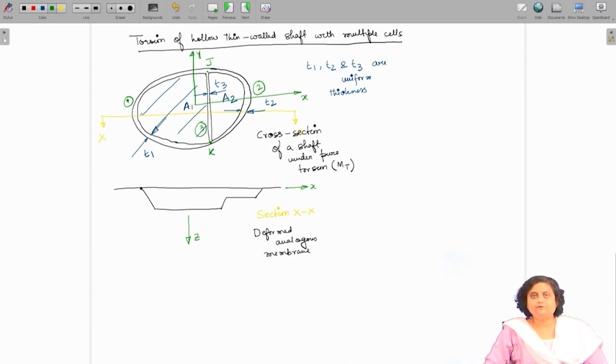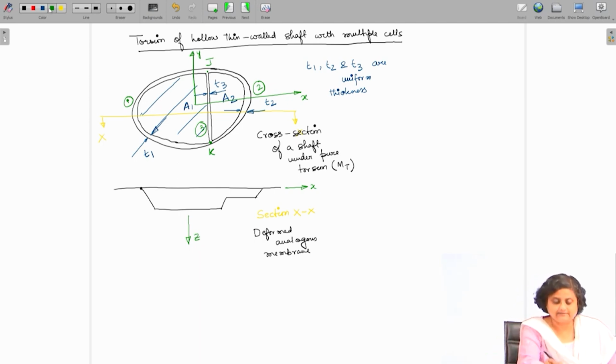Now, if you can visualize an analogous membrane of this shape and this hollow portion is replaced by a flat plate, then you can visualize that the deformed shape of the analogous membrane will look like this, and let me call this height H2, this height H3 and this height H1.